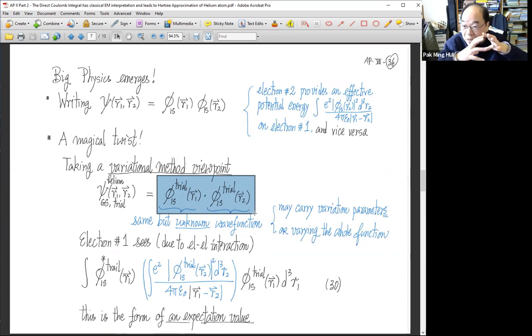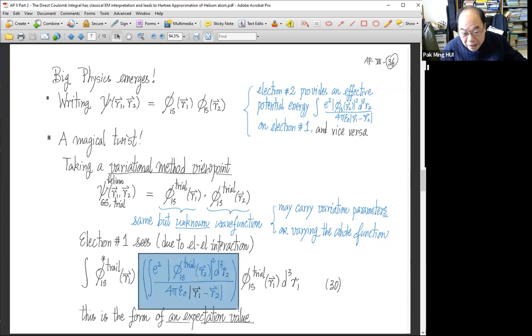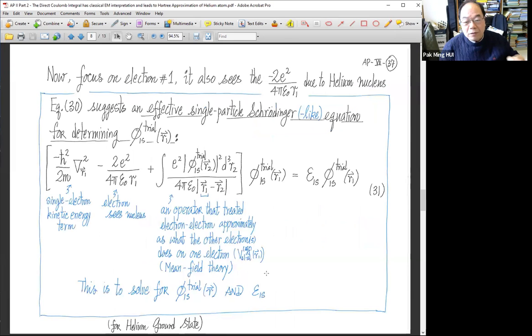After writing out the energy I need to calculate, I realize at least approximately electron number 2 is producing this kind of electromagnetic potential energy term acting on electron number 1. So I can simply use physics without derivation. This can be derived rather formally, but you need some higher level mathematics. But using physics is sufficient for our purpose.